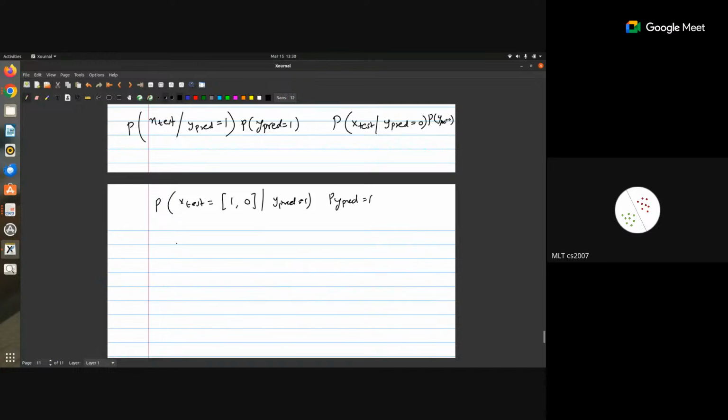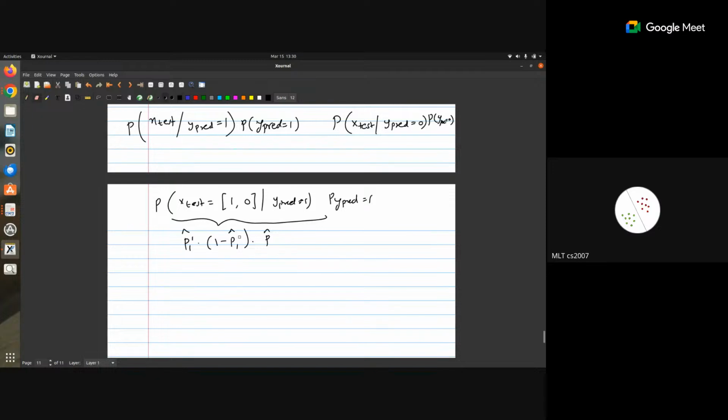So basically I'll write it like this: p1 1 hat into 1 minus p2 1 hat, right? This is what this probability is, into y prediction, which is p hat, the number of ones in the y data set.